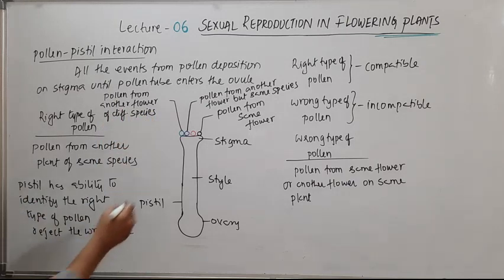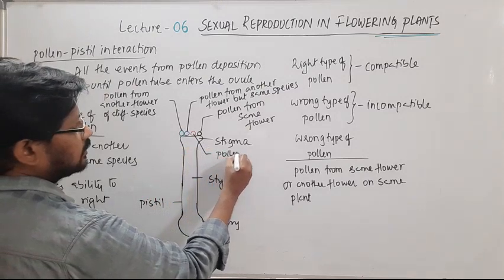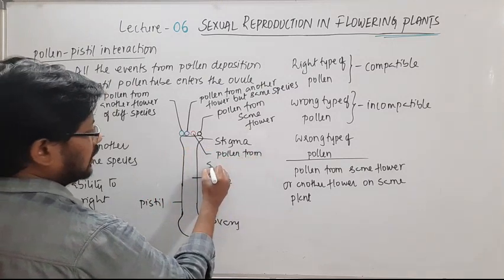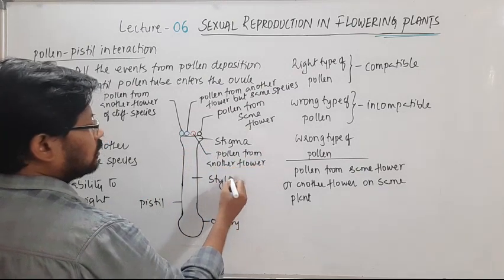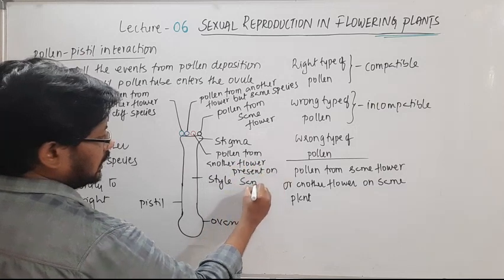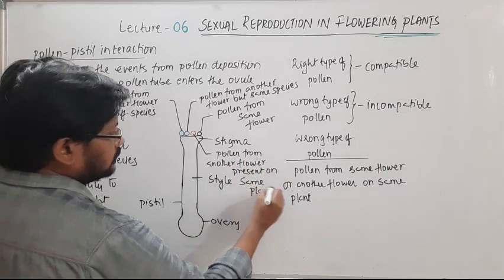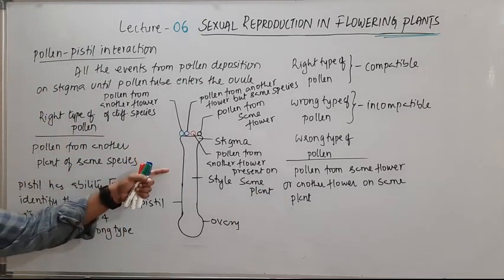And you can say that this is pollen from another flower present on the same plant. So now I think you understood which of these pollen will be accepted by this pistil.